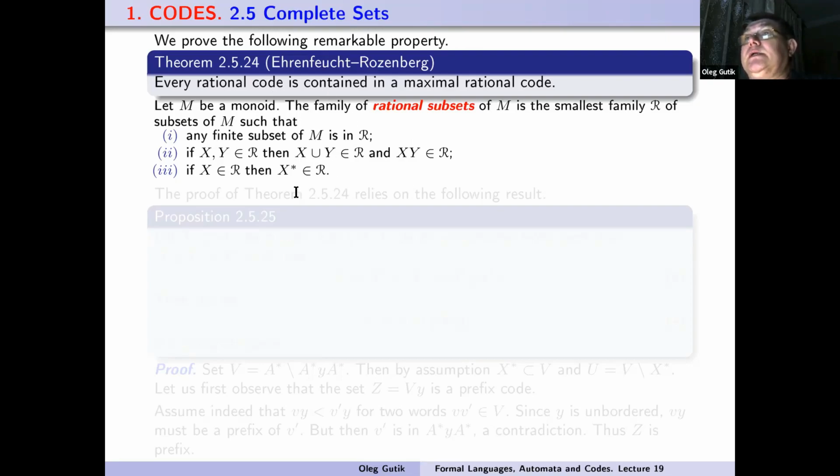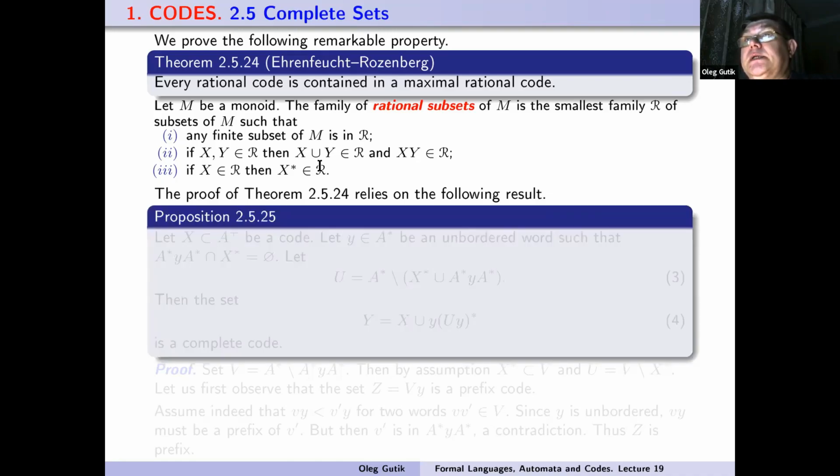So when you consider a rational code, the code consists of elements of the free monoid, and these elements form a rational family. The proof of theorem 2.5.24 relies upon the following result.